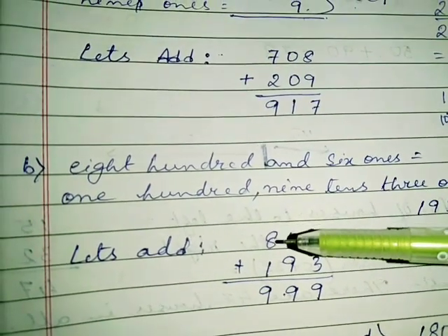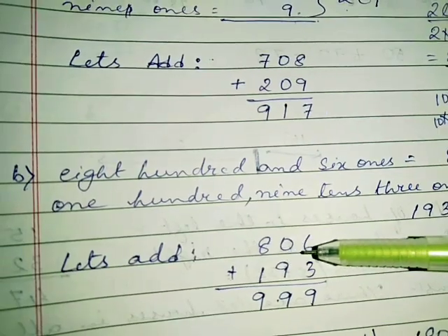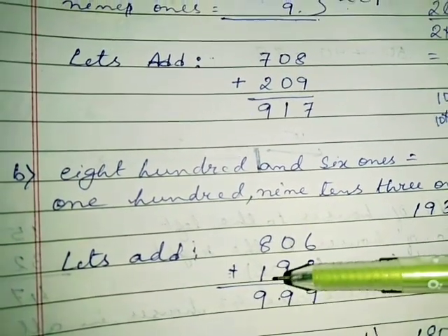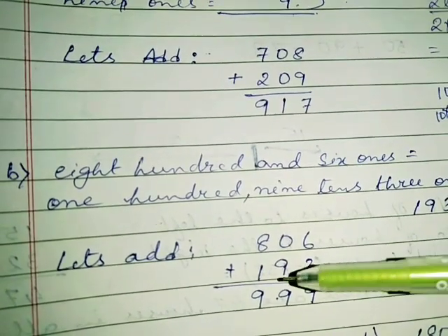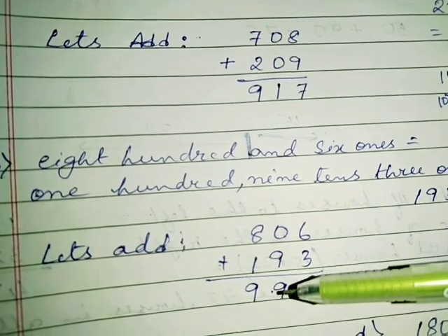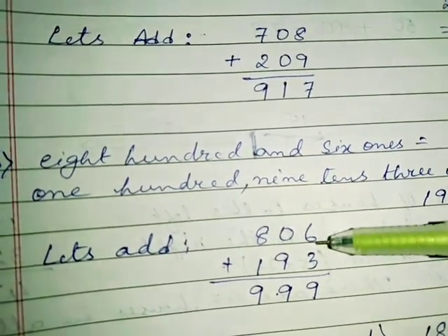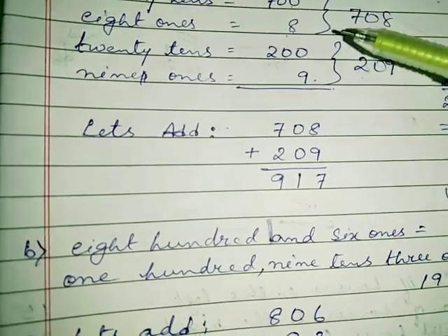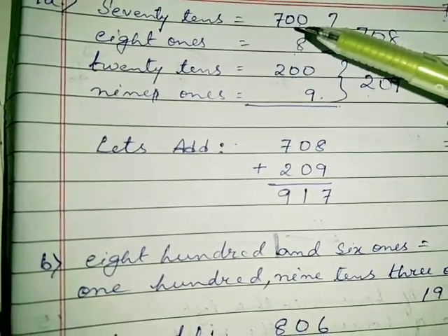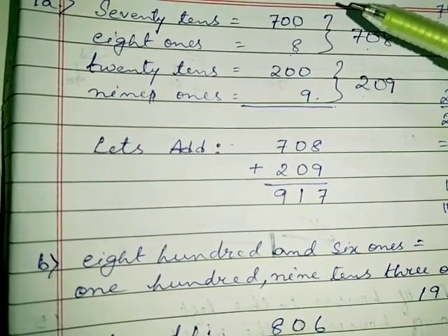It is given 806 ones, so 806 ones means 806, and 100, 9 tens and 3 ones means 193. So you will write the numbers, do the addition, and write the answer in this way. Just this much you have to write in the book. This part I have written just to make you understand what 70 tens is. 70 tens means 700, 70 into 10, 700.